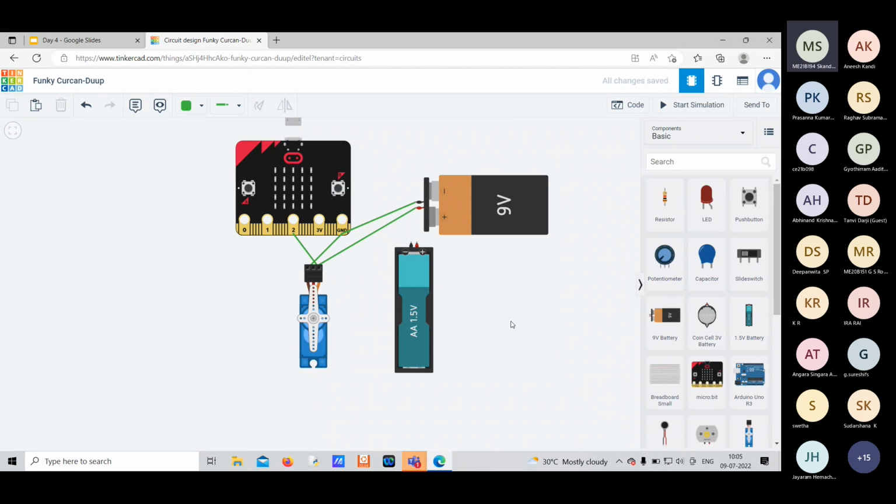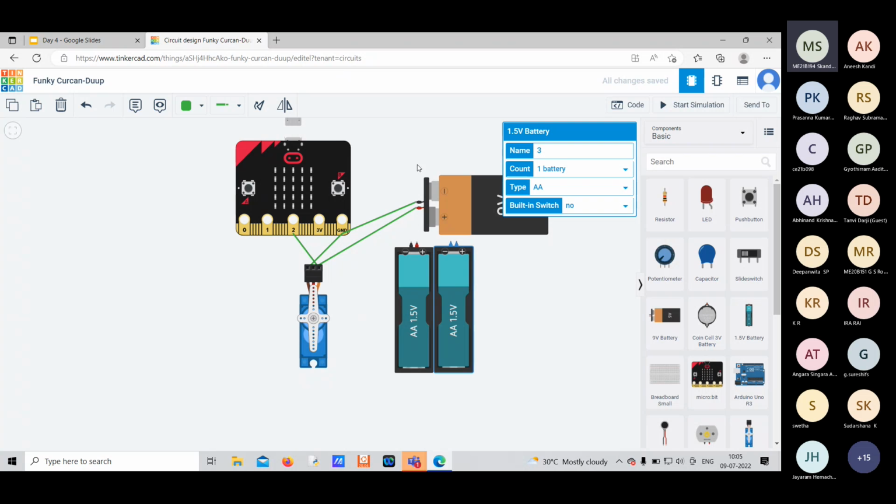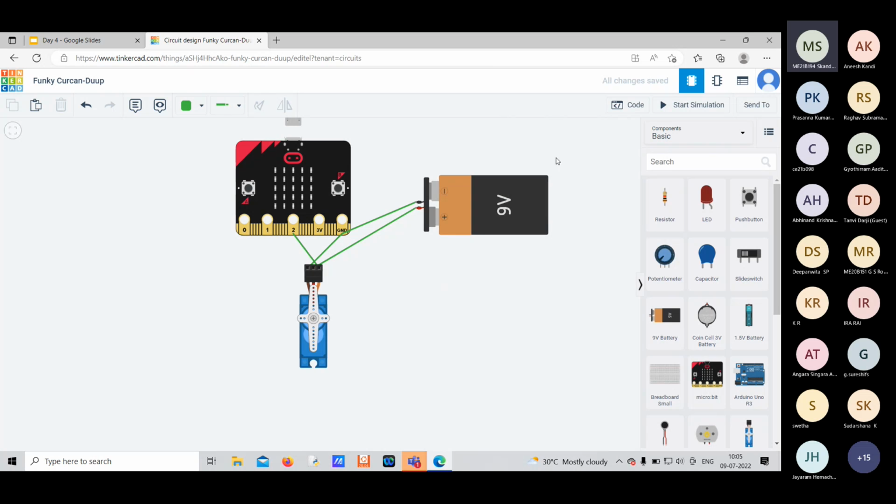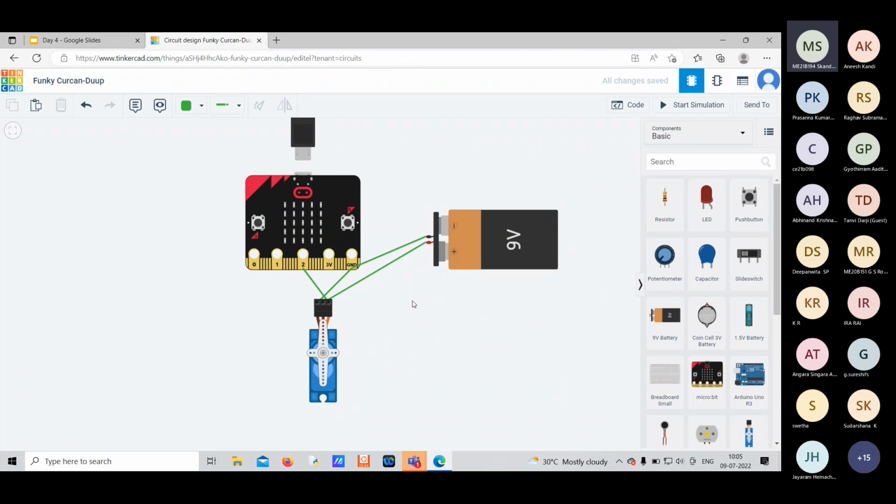Or you can use three 1.5-volt batteries, which again serves our purpose, but then we need to connect each one of those in series to get the output. So I thought of taking the 9-volt battery directly. The servo input that we require is 4.5 volts, so it can even be 9 volts if that doesn't cause any problem to a servo.